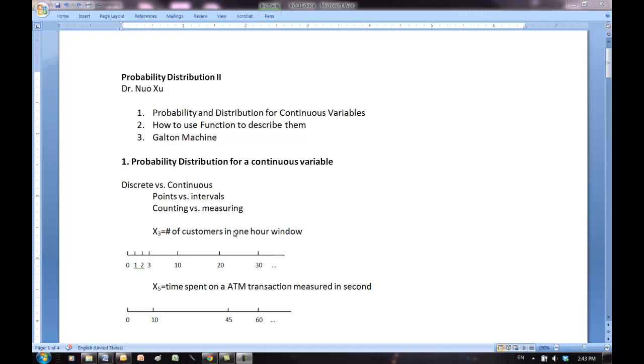So if we use a number axis to represent valid values that a variable can take on, we notice that a discrete variable can only take on values that will be represented as a point on the axis, whereas for a continuous variable, the valid values will cover a whole interval.